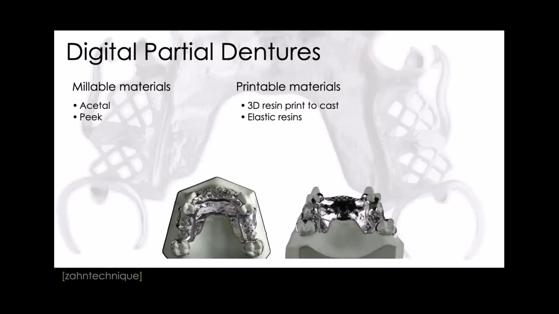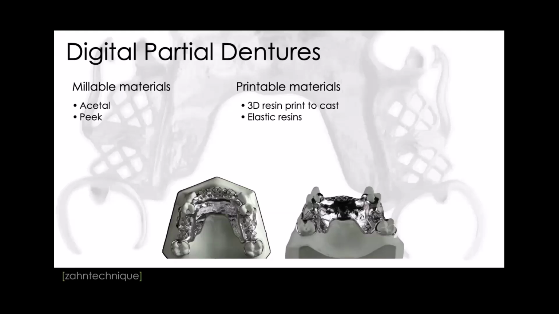So if I go into millable materials, mainly we differentiate between acetyl, that's a very typical material we utilize for flexible partials mills, and PEEK, or let's say high performance polymers. It's actually more correct wording for that, right? So the difference, acetyl is similar to a really elastic, pressable material for flexibles.